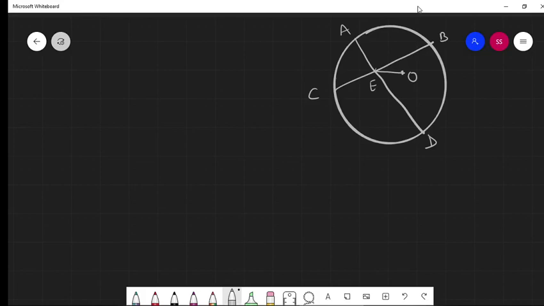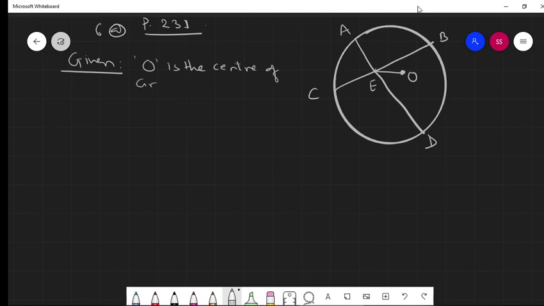Now dear students, we have to write the given. This is question number 6A, page number 231. What is given here? Simply, O is the center of the circle.